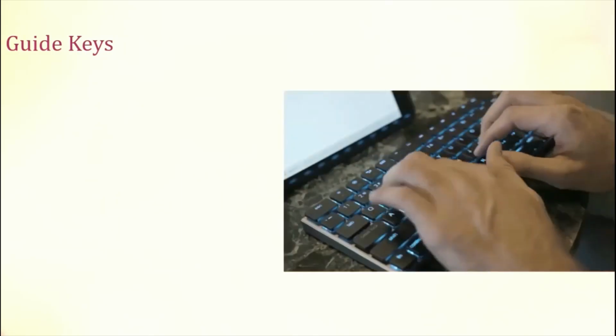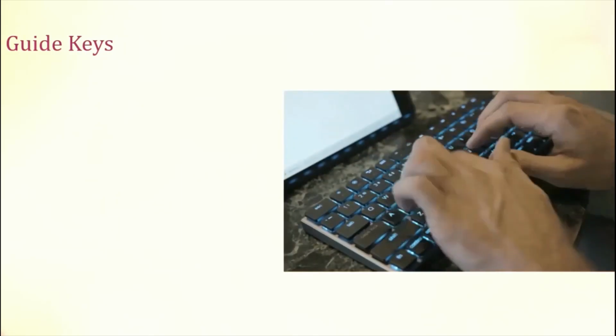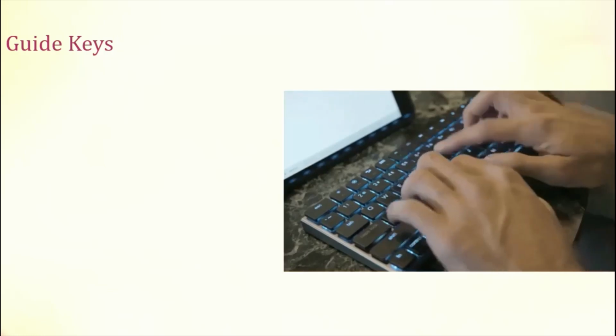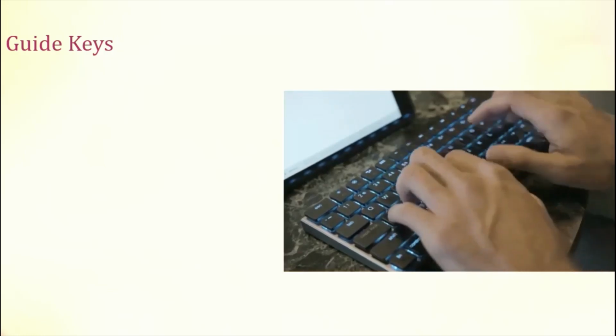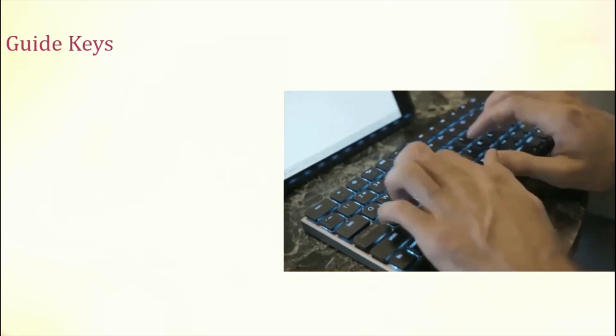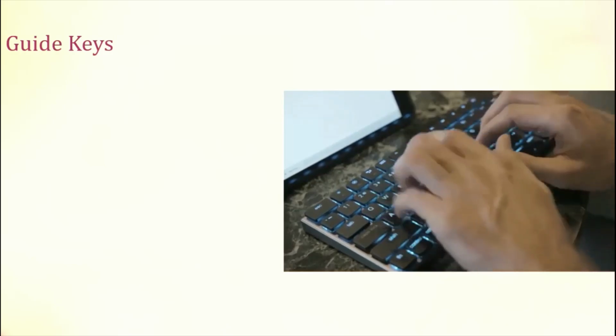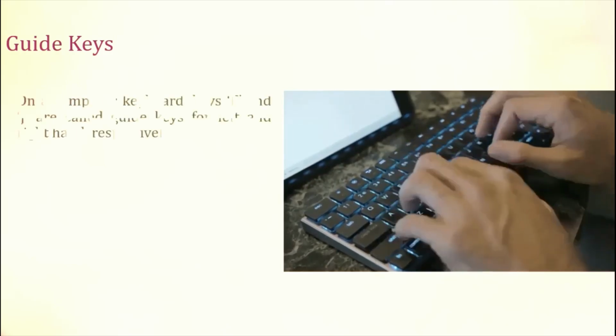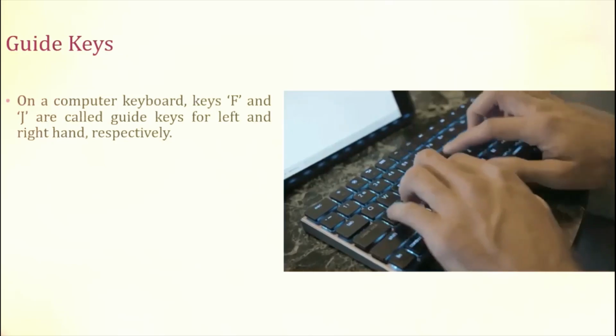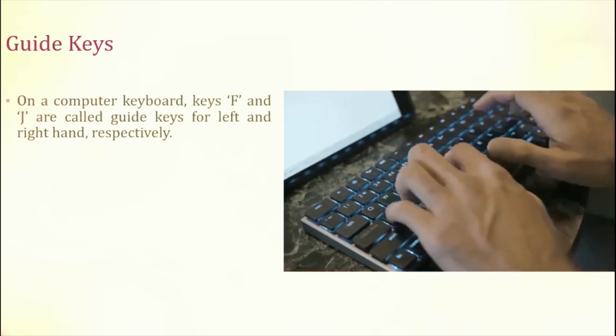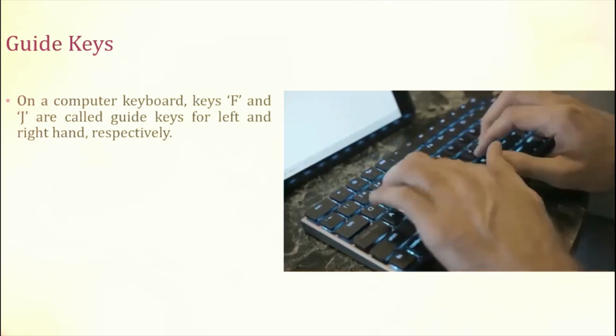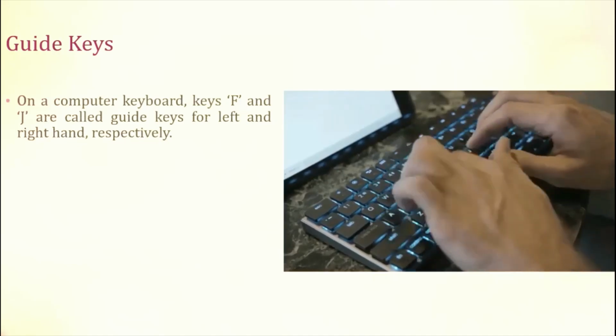Guide keys. As you can see in this picture, both hands come back to the original position, that is the home row, after pressing a key in any of the other rows. On a computer keyboard, keys F and J are called guide keys for the left and right hand respectively.